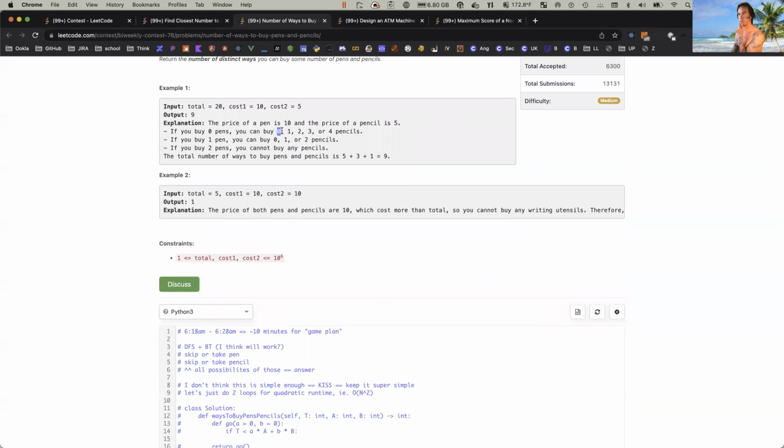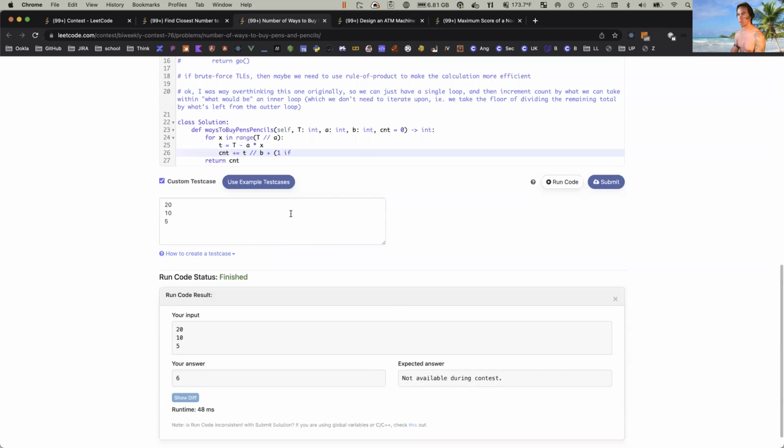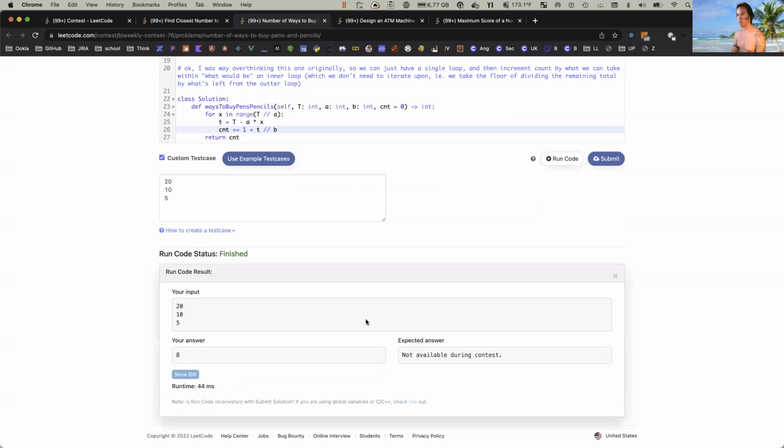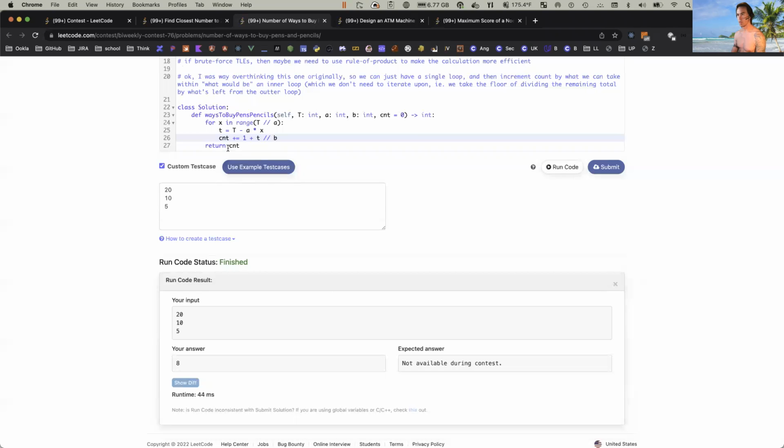So 0 and 0 does count. Right, 0 and 0 counts. So yeah, it is plus 1, right? They're both 0.